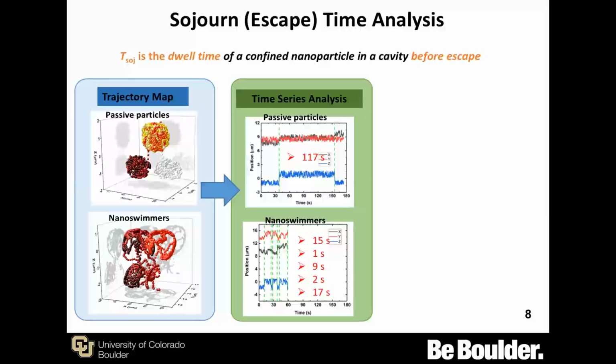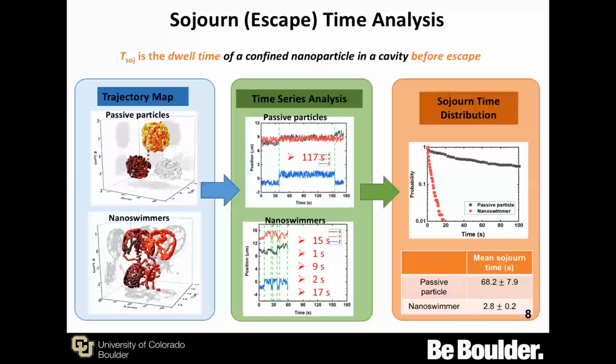It's significantly smaller. And after that, if we get thousands of these trajectories, we can plot the Sojourn time distribution. This is the probability as a function of time. And from this, we can get the mean Sojourn time, which means the mean time for a particle confined in this structure to escape to the nearby cavity.